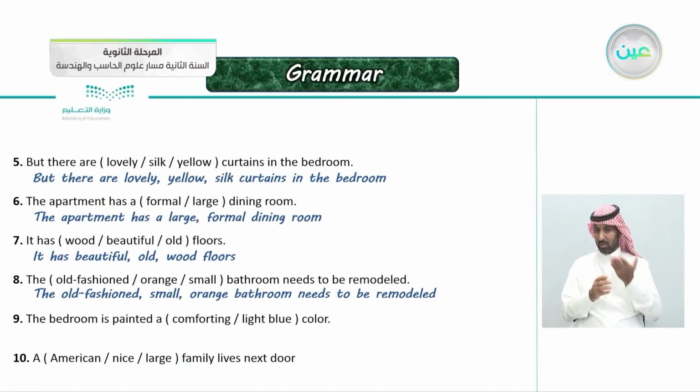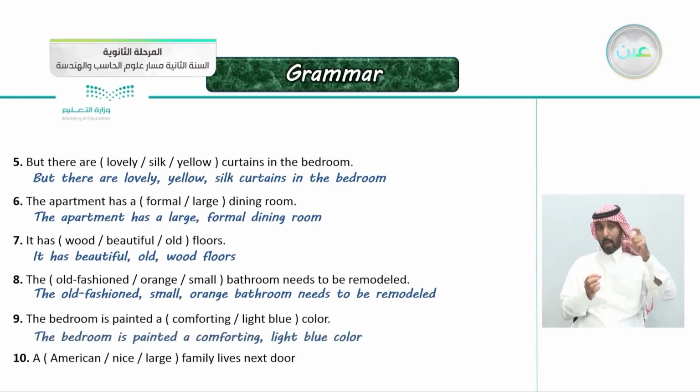Number 9, the bedroom is painted a comforting light blue color. So the correct answer for number 9, yes, the bedroom is painted a comforting light blue color, the same as the question. Number 10, an American nice large family lives next door.